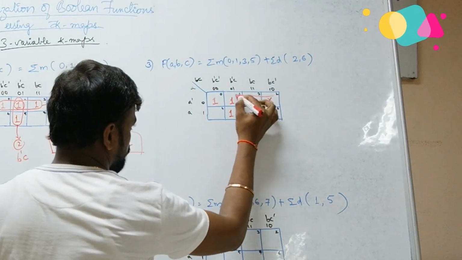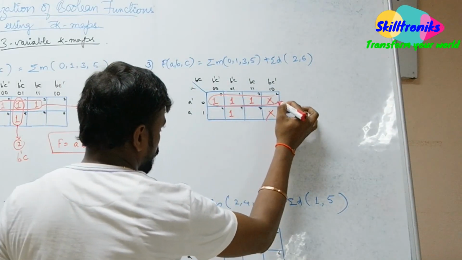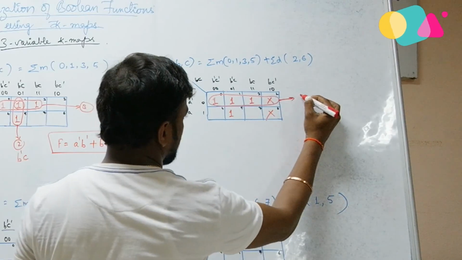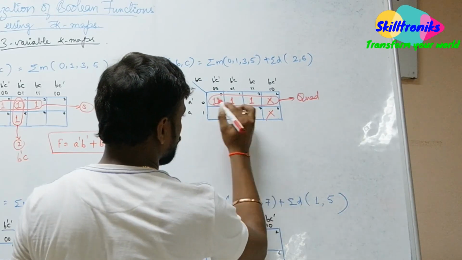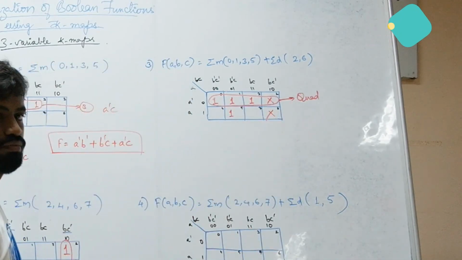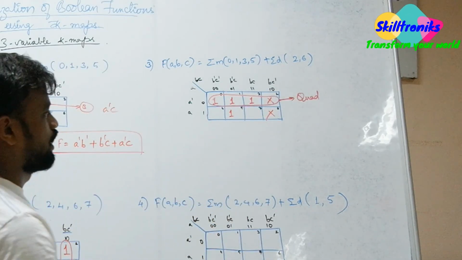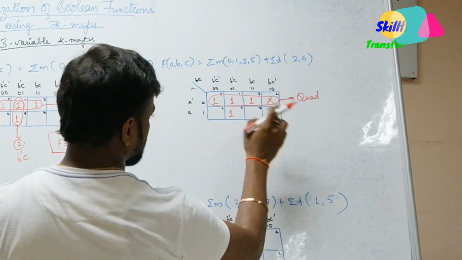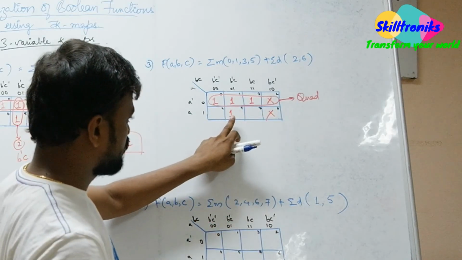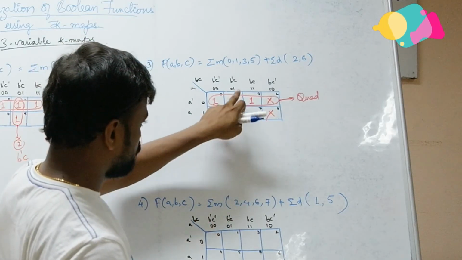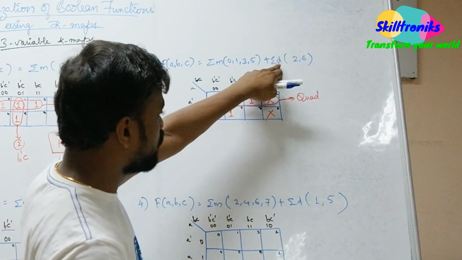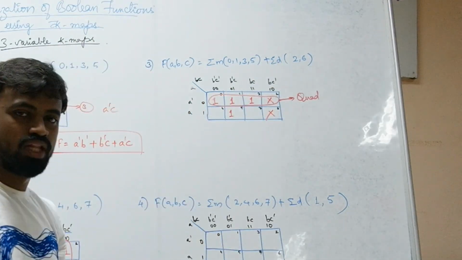So I am forming a group here, and this is a quad consisting of 4 minterms. Means this X is now denoting minterm value 1. After grouping this, we are left out with a minterm with value 1 and a don't care minterm also.